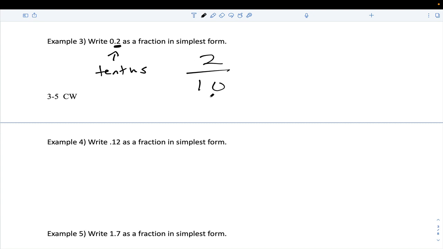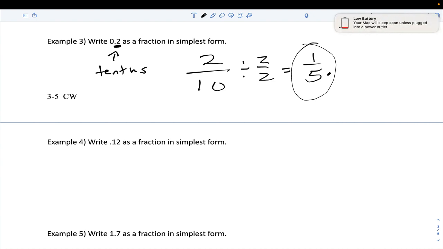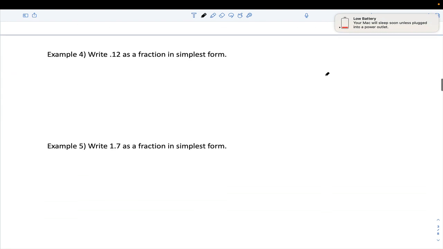Can I simplify that one? Parker? 1/5. What do you divide top and bottom by? 5. Oh no, 2. Yes, you can simplify it, and that is your answer in simplest form. I need the 1/5 circled. If you circle 2/10, this is likely going to be 3 points out of 5. You need to get all the way to the simplest version.